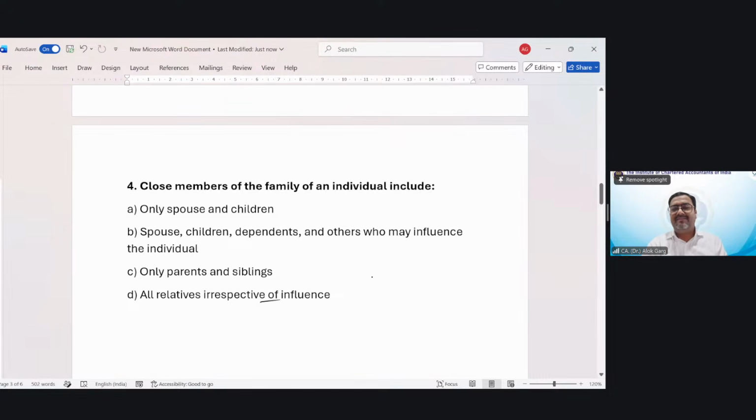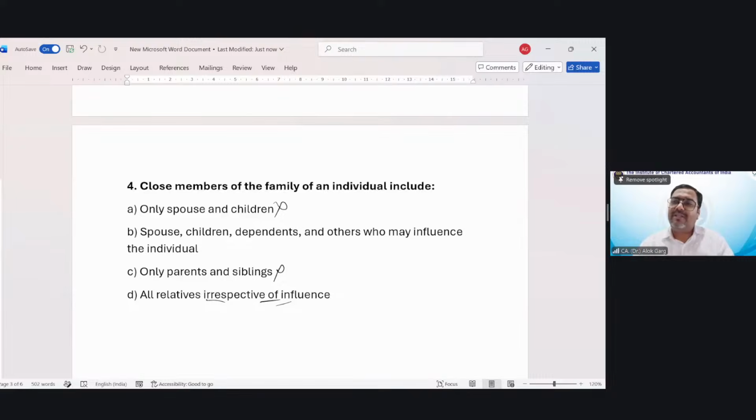Which is the right answer? Only spouse and children is not the right answer. Saminathan and Manish, which is the right answer? Only parent and sibling is not the right answer. All relatives irrespective of influence?